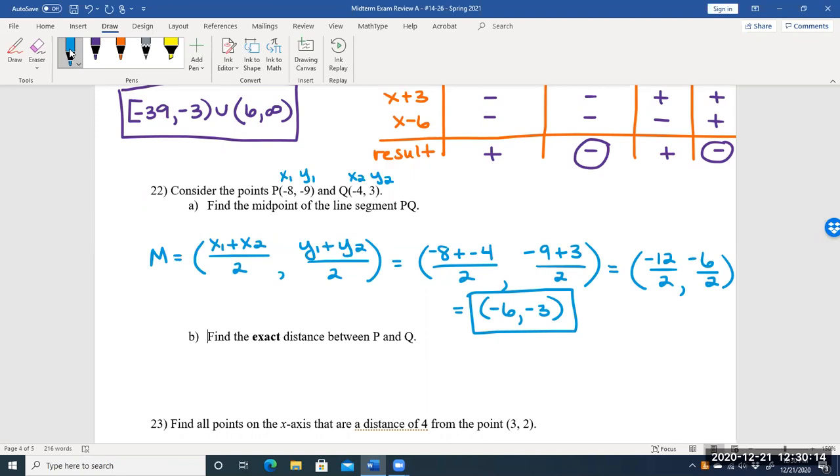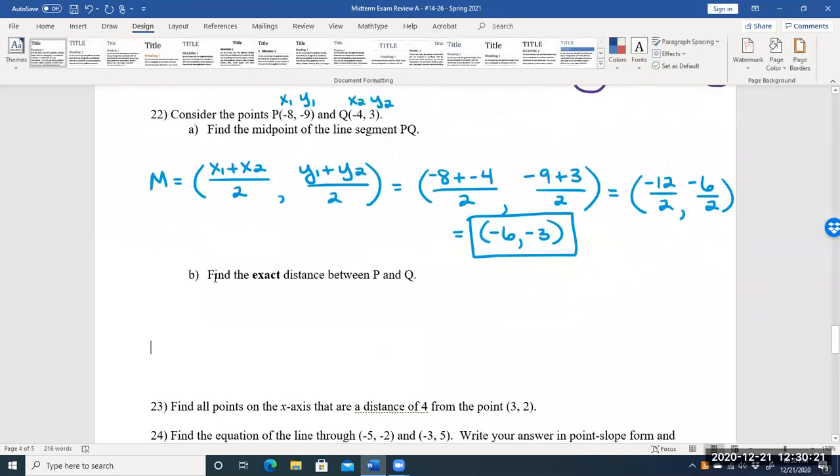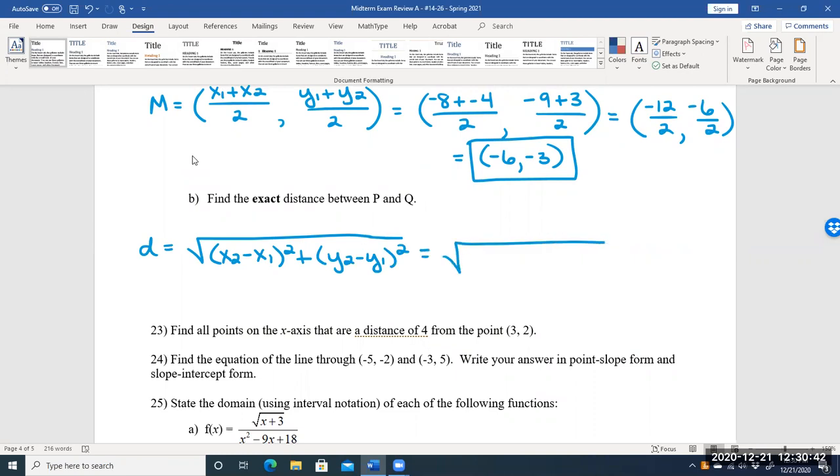For the distance, let me write down our distance formula. The distance formula is the square root of x2 minus x1 quantity squared plus y2 minus y1 quantity squared. And so we're going to plug in our coordinates again.